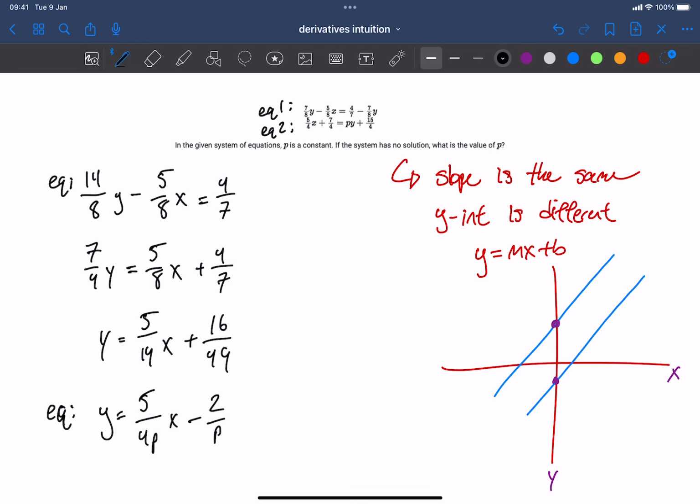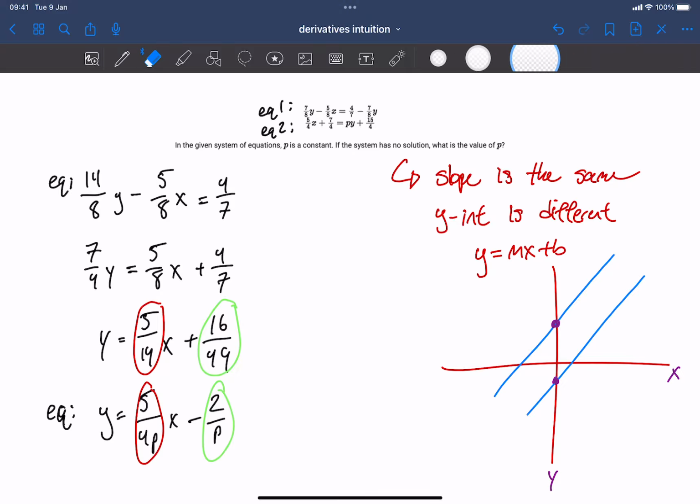Now this is where the information I said in the beginning comes into play. So notice over here, this is the slope term, this is the slope term. I'll do the y-intercept in light green. So we have light green here, light green here. I want to make some space.